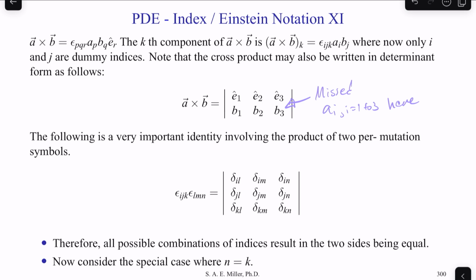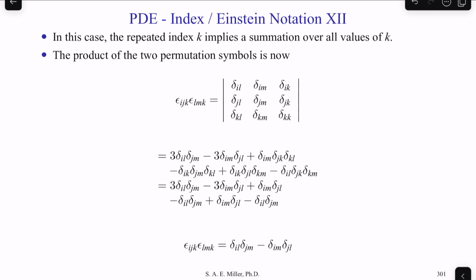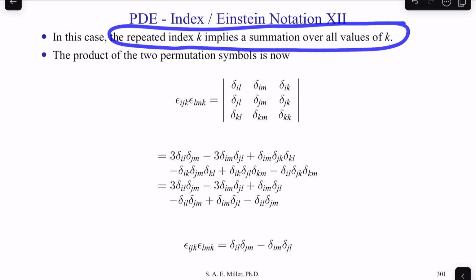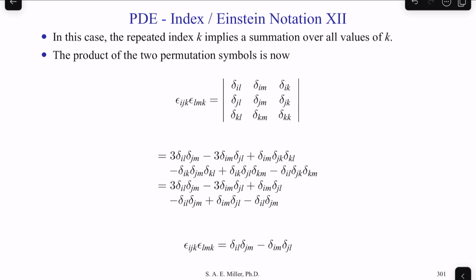So let's look at this tensor and say what happens when n equals k. So we kind of introduce a dummy index. So that's k and n, ijk, lmn. So this is like the third index of both tensors. You can fill that in if you want and see what happens. And it means, of course, that we have a repeated index, and we'll have to sum over k.